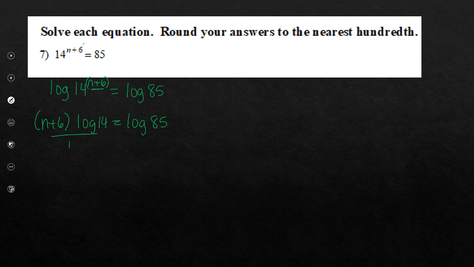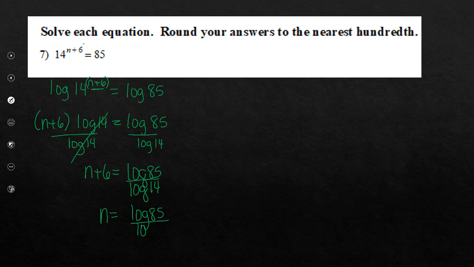Now I can divide both sides of my equation by log of 14 to isolate that argument piece, the n plus 6. So now I have n plus 6 equals log of 85 divided by log of 14. In this case, you can go ahead and type that into the calculator and then subtract 6, or you can type in log of 85 divided by log of 14, put that in parentheses just to be safe, and then subtract 6 at the end.